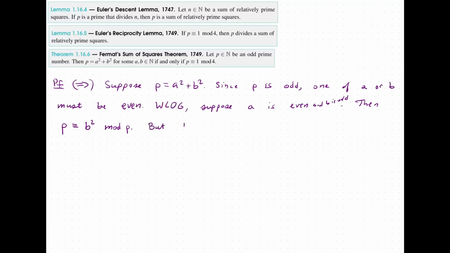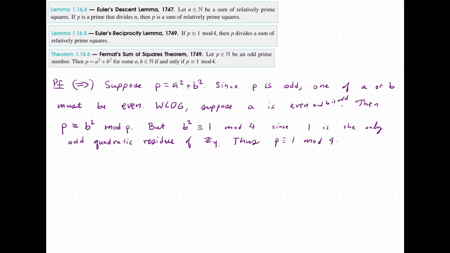But b squared is going to be congruent to 1 mod 4, since 1 is the only odd quadratic residue of the integers modulo 4. And so we have this here, and thus p is congruent to 1 mod 4. So we got the easy step.